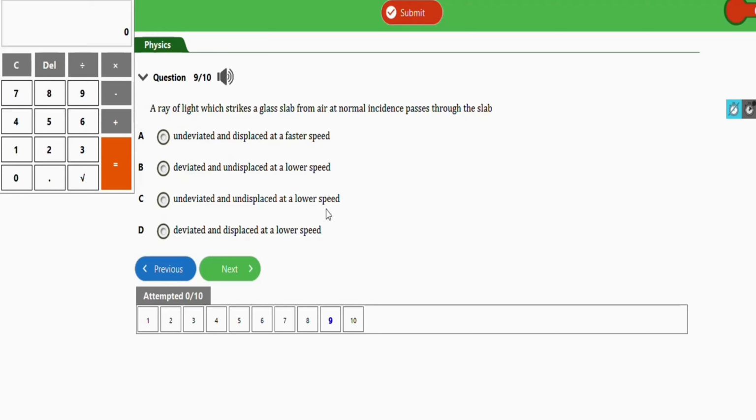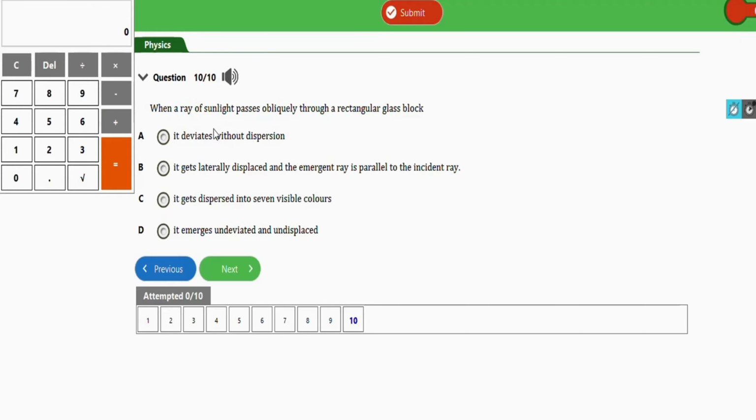Lastly, before we call it a video, this question says when a ray of sunlight passes obliquely through a rectangular glass block, it deviates without dispersion, it gets laterally displaced and the emergent ray is parallel to the incident ray, it gets dispersed into 7 visible colors, it emerges undeviated and undisplaced.